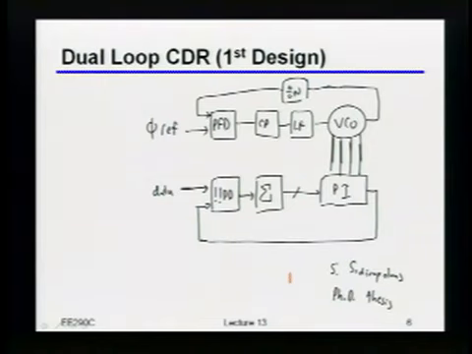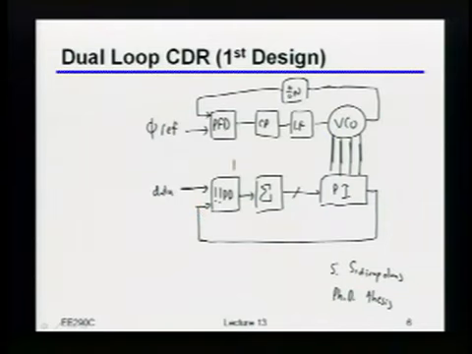Yeah, it's a DLL, right? Because this phase interpolator doesn't generate a new clock. All it's doing is changing the phase, right, or changing the delay equivalently. Okay? So that's another reason why this is called a dual loop, because we've got this DLL down here and then a PLL on the top.